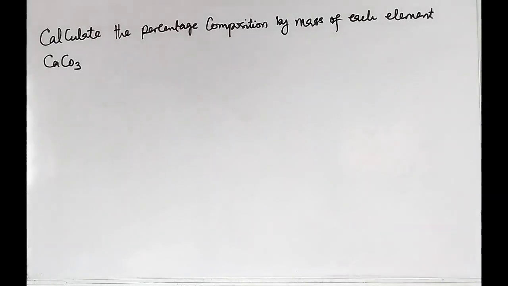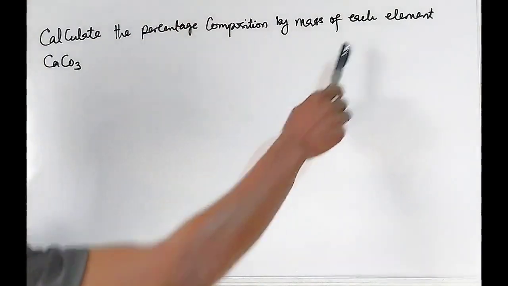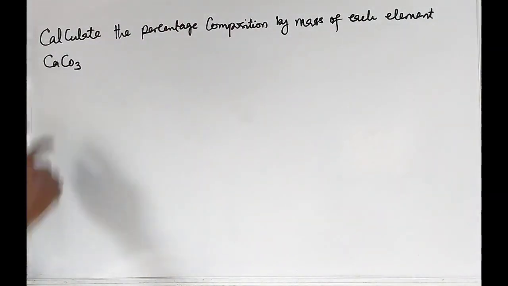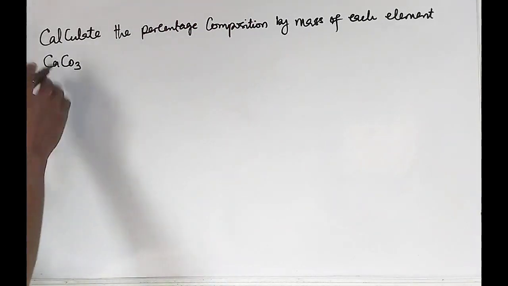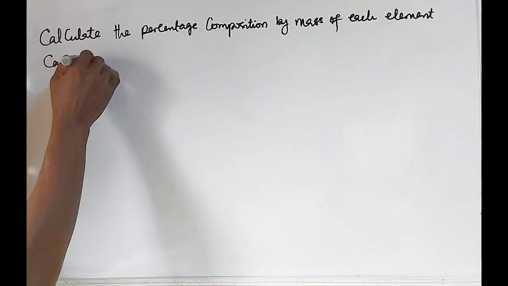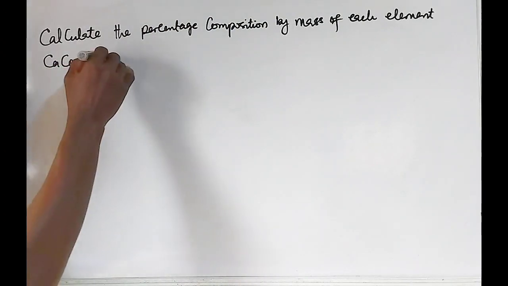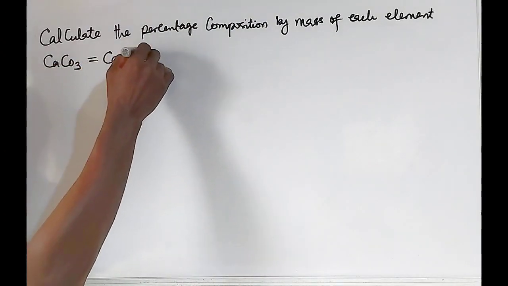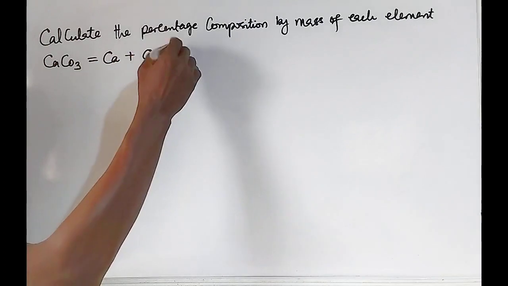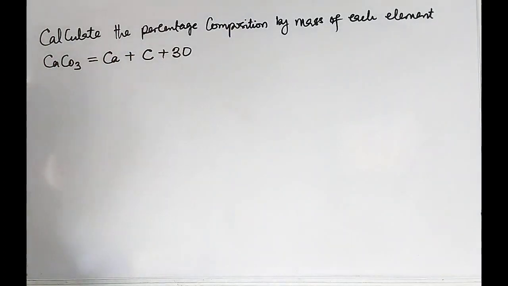For number 2 here, it says calculate the percentage composition by mass of each of the elements, and this is calcium trioxocarbonate(IV). First of all, we will need to find the molecular mass of this compound. And how do we do that? Let us split this compound. Here we have calcium, plus carbon, plus 3 atoms of oxygen.